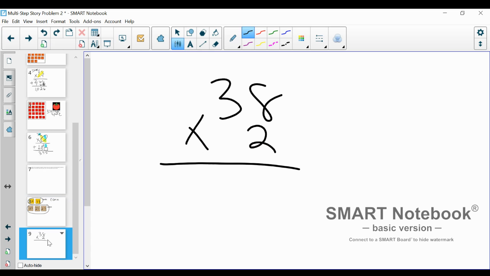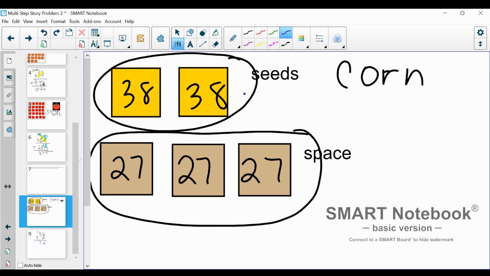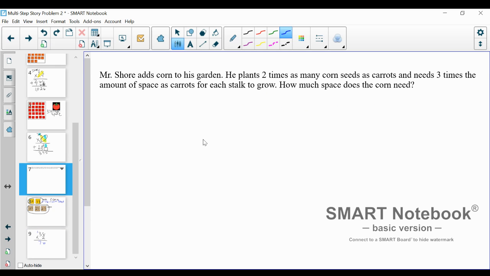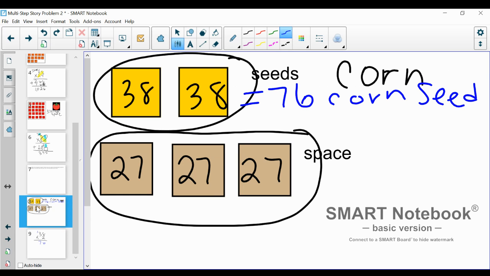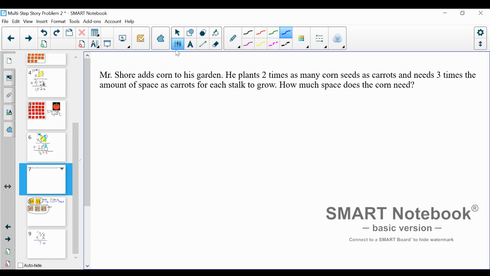Okay, 2 times 8 is 16. 3 times 2 is 6, plus 1 is 7. So that means right here, that's a total of 76 corn seeds. Because if the story problem said he needs 2 times as many corn seeds as carrot seeds, that means he's going to need 76 corn seeds.